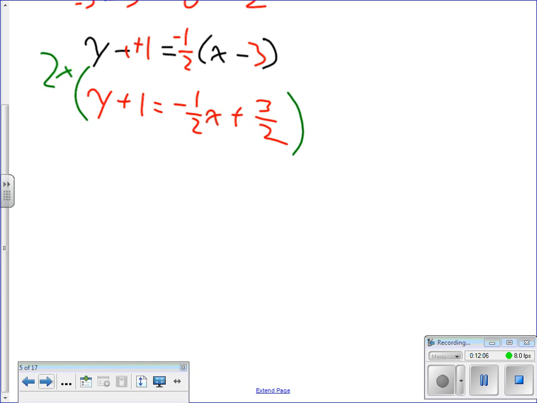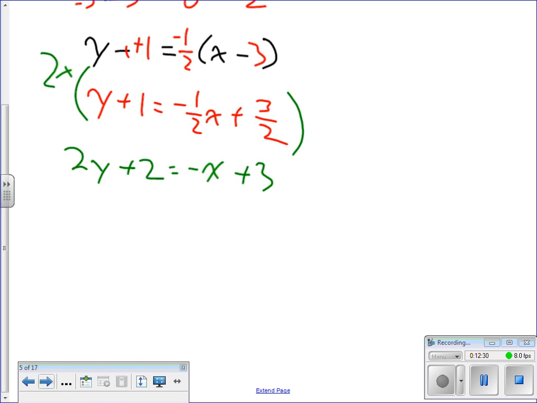So 2 times y, 2y. 2 times 1 plus 2. 2 times -1/2 gives me -x. 2 times 3/2 plus 3. Okay, no more fractions.